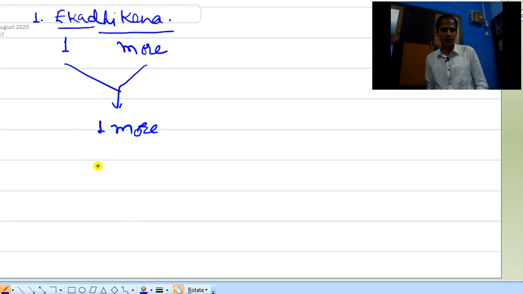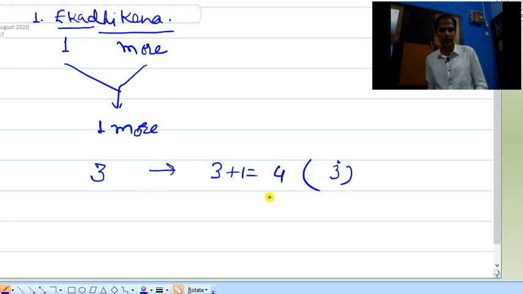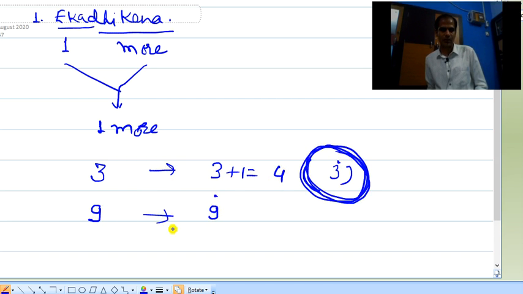For example, if the number is 3, then the ekadhiken of this number is 3 plus 1, that is 4, and it is written as 3 with a dot over it. This is the notation in Vedic mathematics. Suppose the number is 9, then ekadhiken will be a dot over 9, and the value of this is 9 plus 1 equals 10.